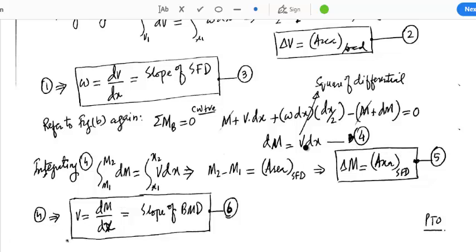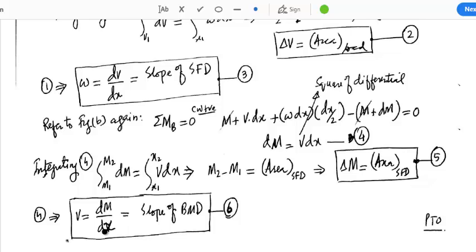Now let's consider equation number 4 again and rearrange it. We get V is equal to dM over dx. And as I said earlier, whenever we differentiate any equation at any particular point, we get the slope of the curve at that point. Every mathematical expression represents a curve. If it's a single degree expression, it will represent a straight line.